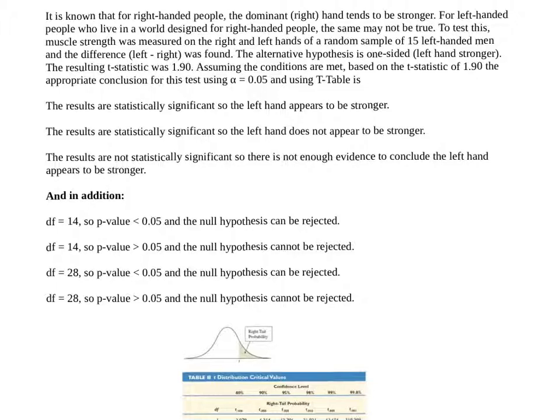The way that we're going to use it in this class is we're just going to use the degrees of freedom of sample size minus 1. So in this case we have a sample size of 15, which means we have 14 degrees of freedom, right? And we also have a t-statistic of 1.90 and an alpha level of 0.05. Now when we have an alpha of 0.05, that means that we are using the 95% confidence level, okay?